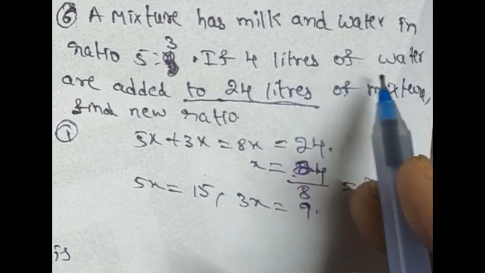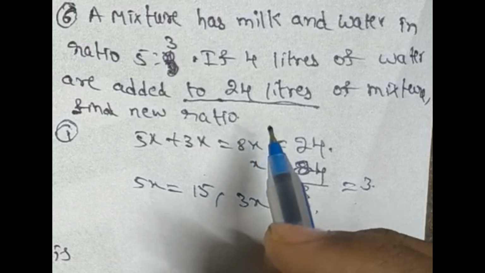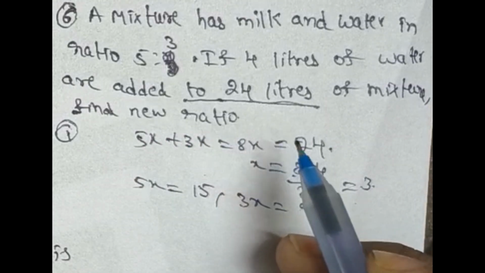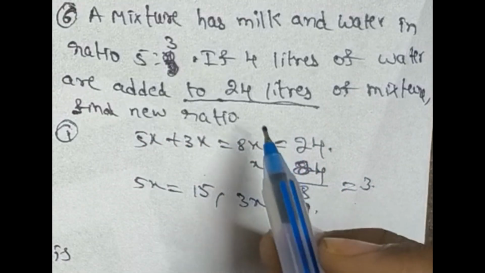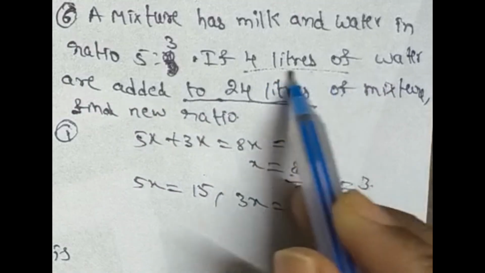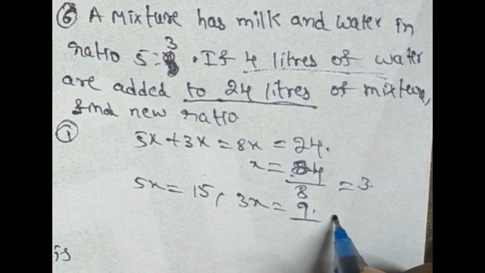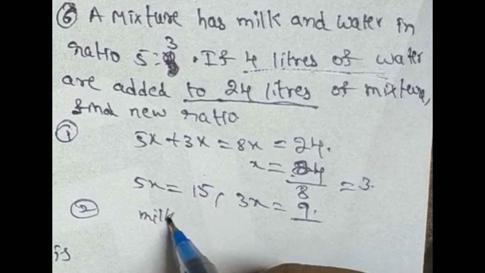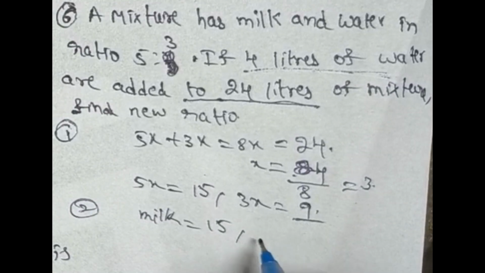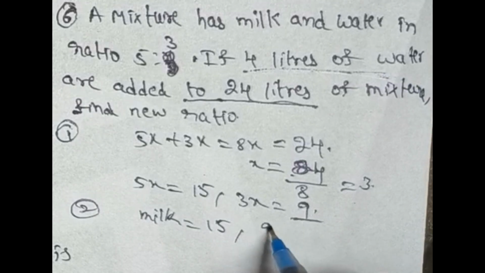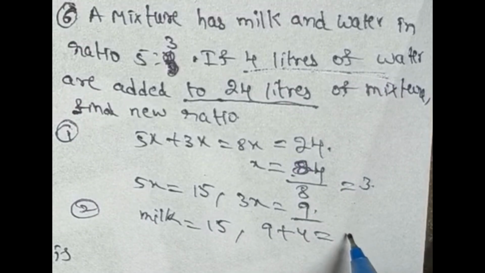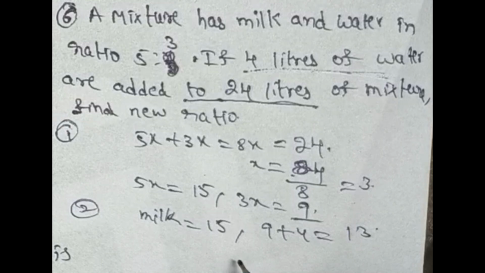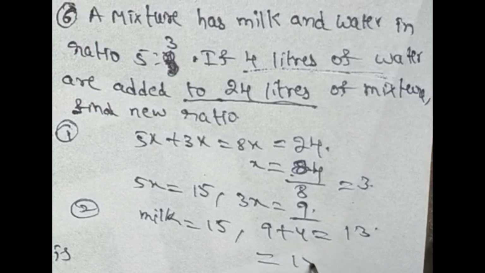So he is adding 4 liters of water here. So 9 plus 4. In the second case, the milk remains 15 only, but the quantity of water is 9 plus 4, that is equal to 13. So now we do the ratio in the second case. Milk is to water is equal to 15 is to 13.